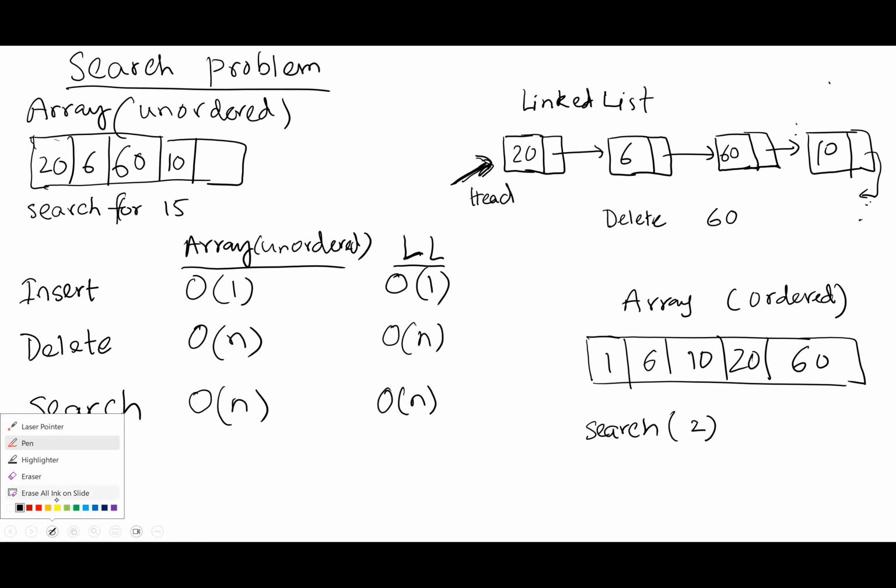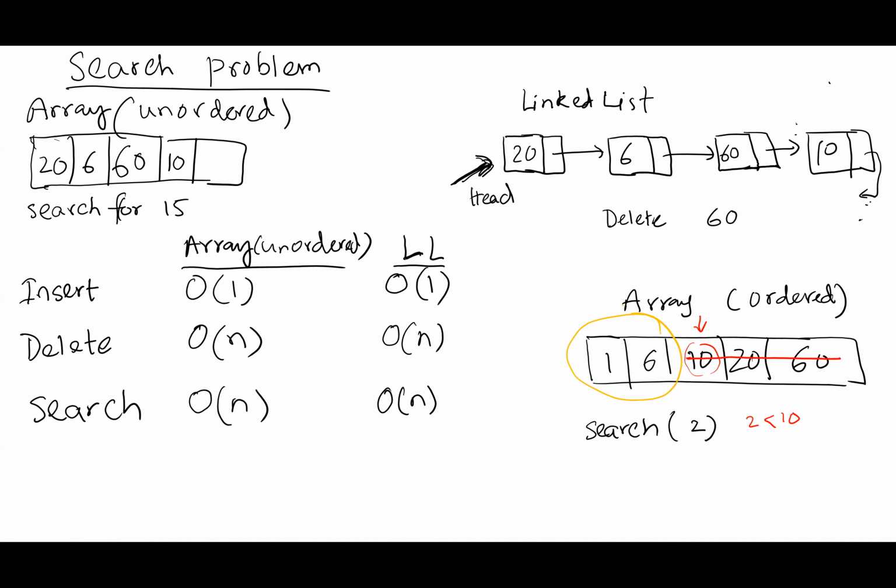Instead of trying from the beginning, I could just jump to the middle, since we know every index in an array. Then I check whether 2 is greater than or less than this value, 10. We see that 2 is less than 10. That means we can immediately say there is no chance that 2 is in this range, so the new range for 2 is going to be this. Can you see that?